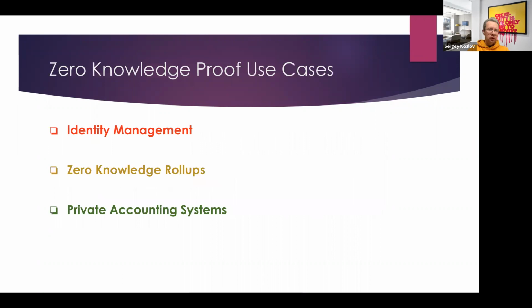Now we go to the use cases. There are 3 key use cases if we combine zero knowledge technology and blockchains. That's first identity management, zero knowledge rollups, and private accounting systems. First of all, that's the blockchains which actually let us hide the sender and the receiver of the tokens.